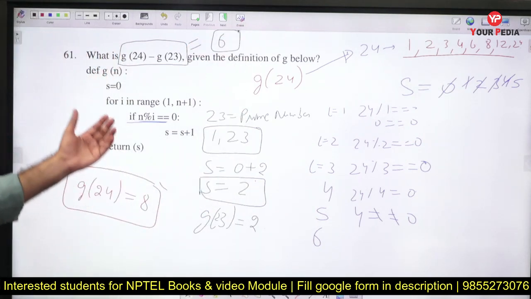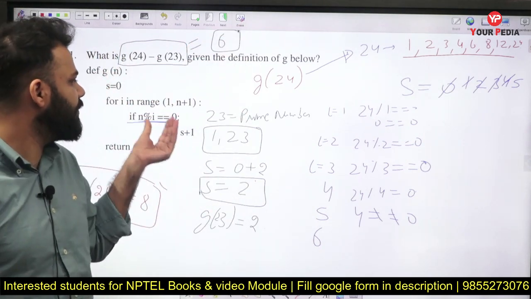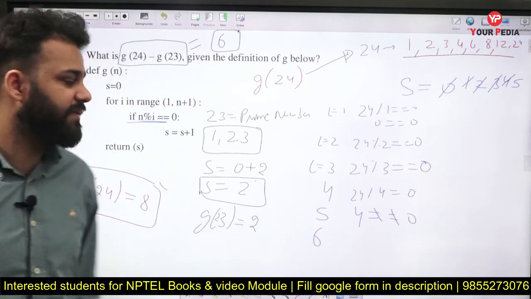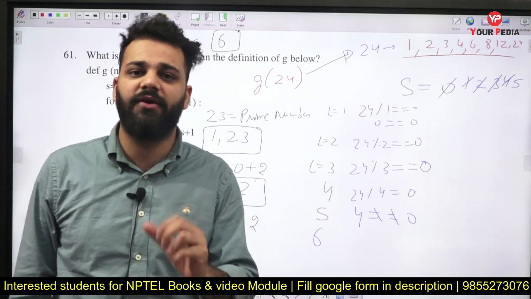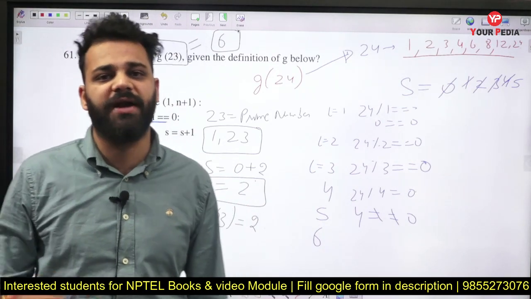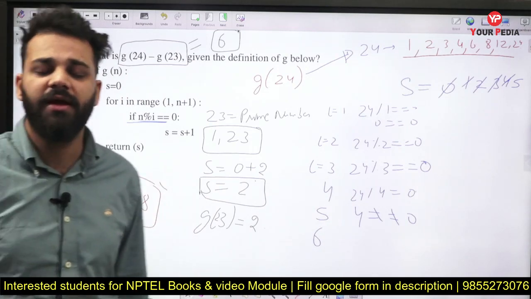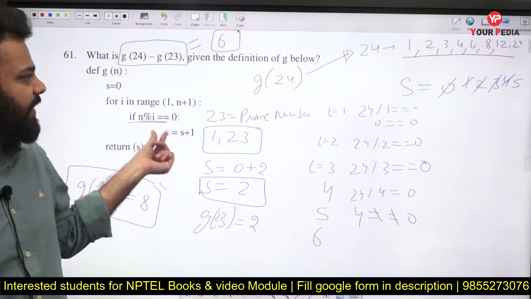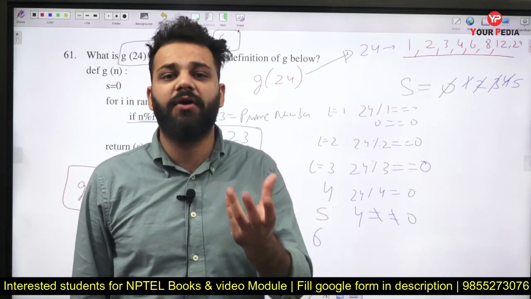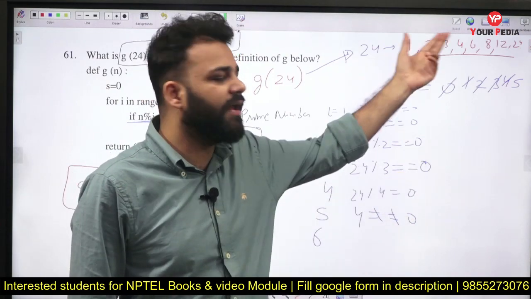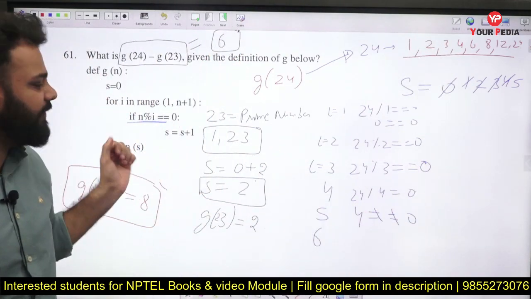So if you want to wrap this question up, what we did in this question is we were finding the number of divisors. If a number is a divisor of n, then it will enter the if statement, and if not, it will not enter the if statement and s will not be incremented. So the value of s denotes the number of divisors, or you can say the number of factors of 24. So 24 has 8 factors, so the final value of s was 8.